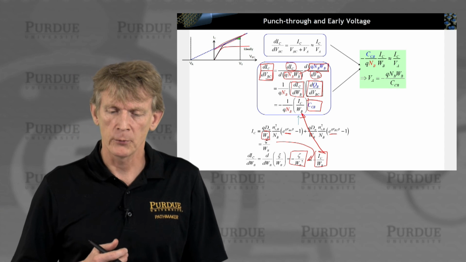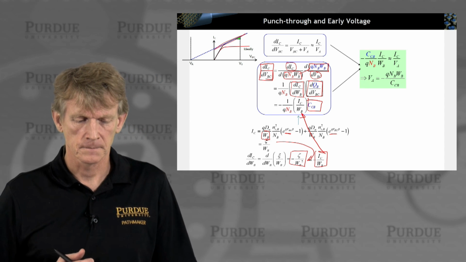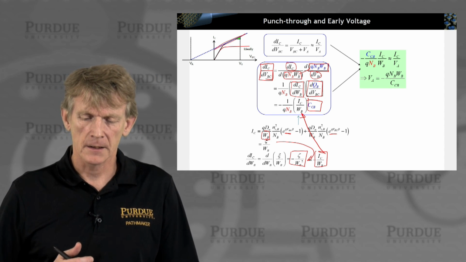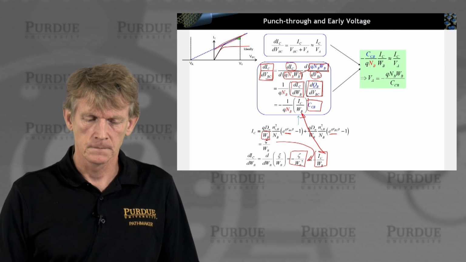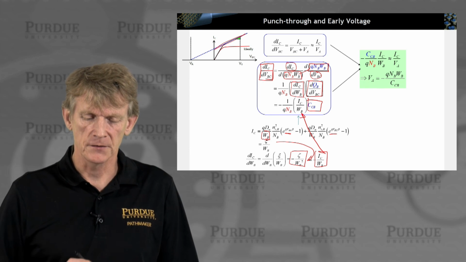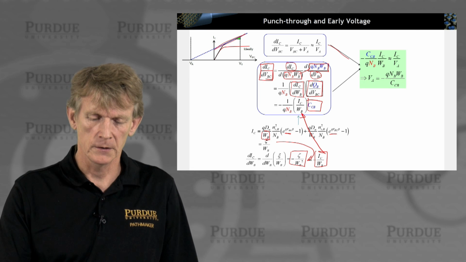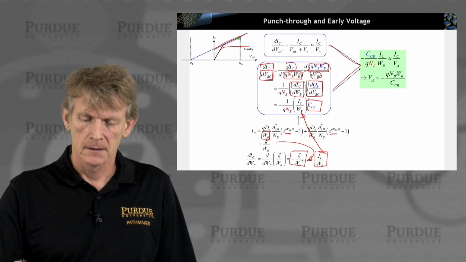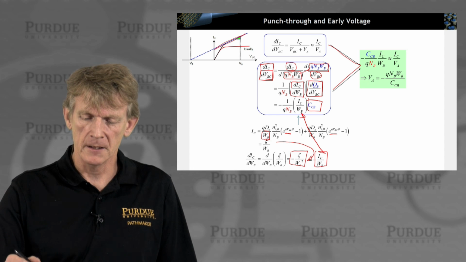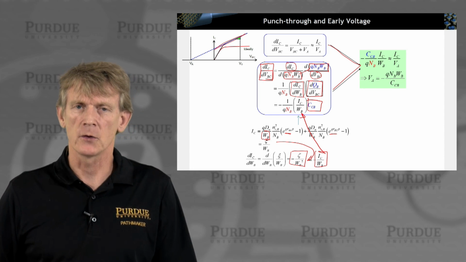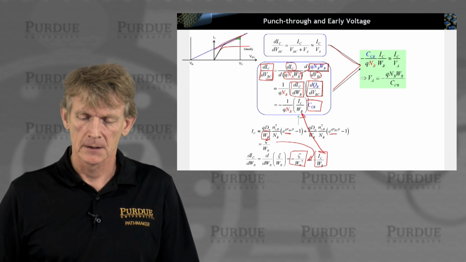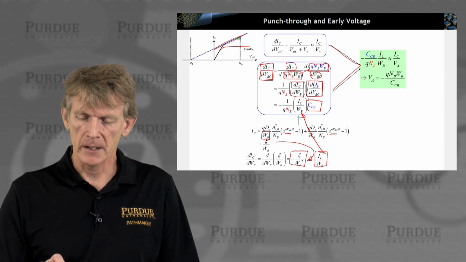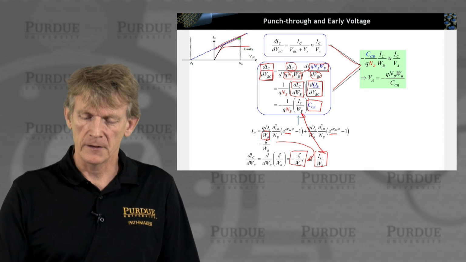All right, so let me pull these together. I can equate these two, right? Yeah, that's what I did here. And I can solve this for VA, okay? So basically I equate these two, I solve this for VA, and I find what?